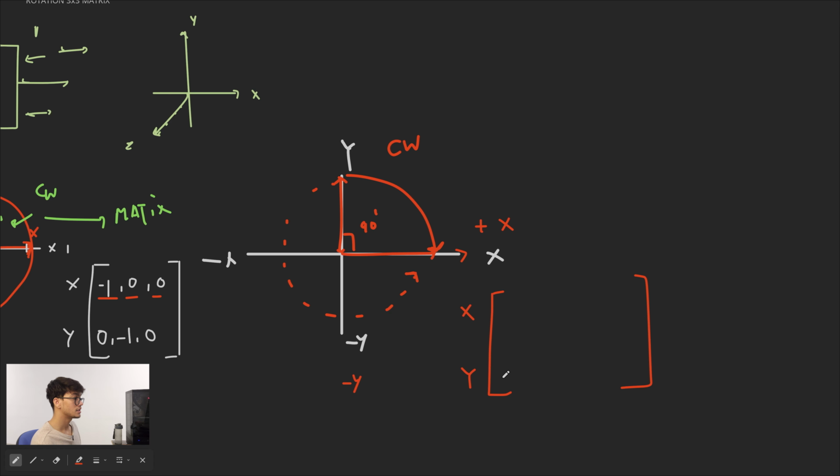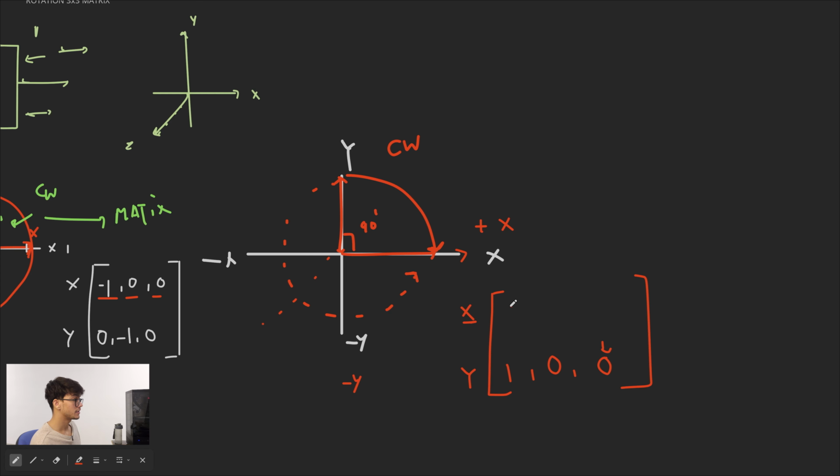So now what will be the value? The y is facing the positive x now. So I will say it is facing 1, 0 in y and 0 in z, because z is there but we haven't changed anything in z. Z is 0. X moved from positive x to minus y.